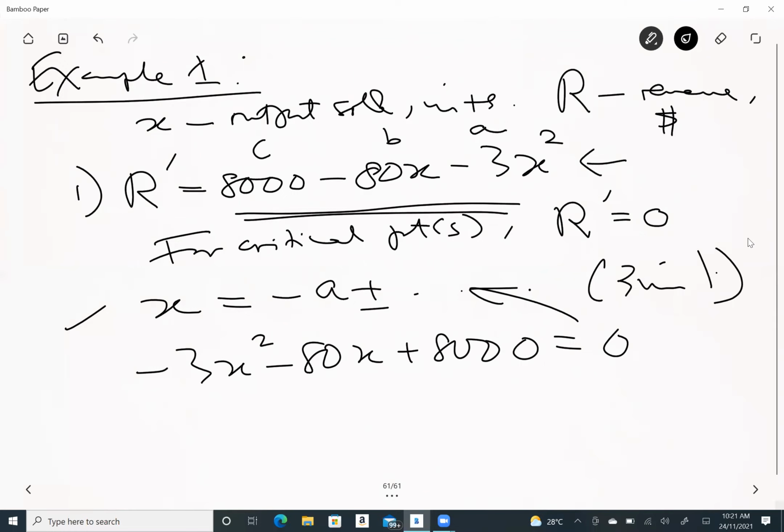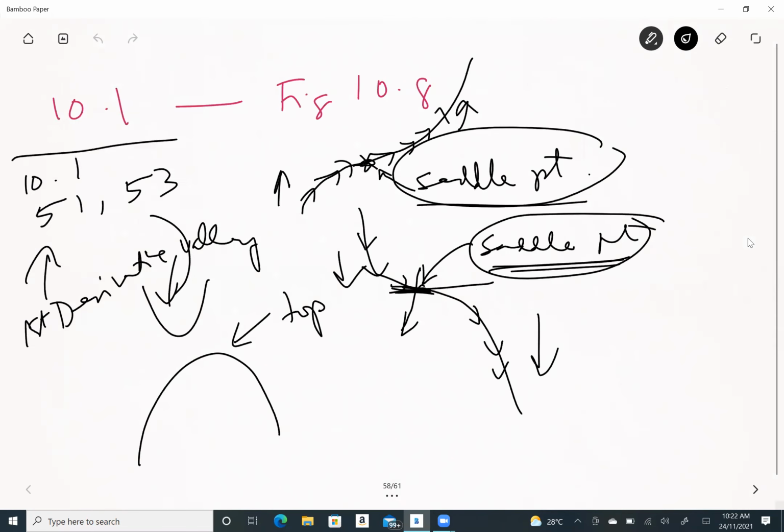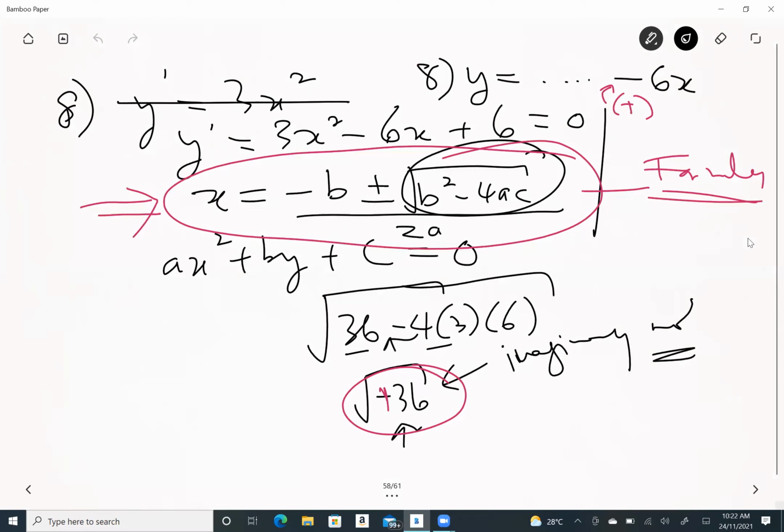Okay, you got the value. What do we get? Here, this is A, B, C. So the formula, it's not negative A, it's negative B. That was a mistake. It is negative B, not negative A. Negative B plus or minus.